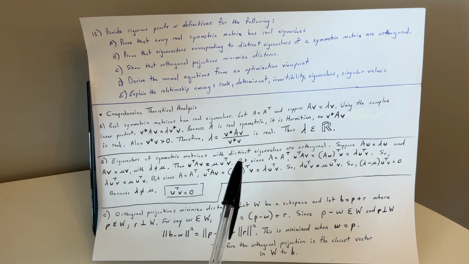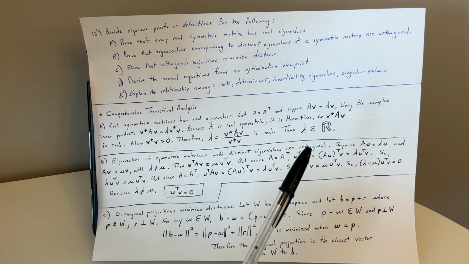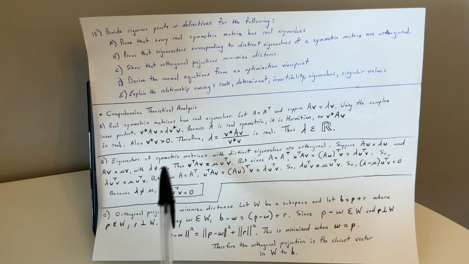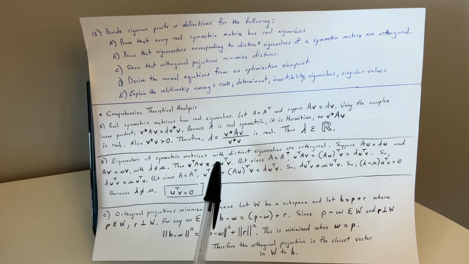eigenvectors of symmetric matrices with distinct eigenvalues are orthogonal. Suppose Au equals lambda u and Av equals mu v with lambda not equal to mu. Then u transpose Av equals mu u transpose v.